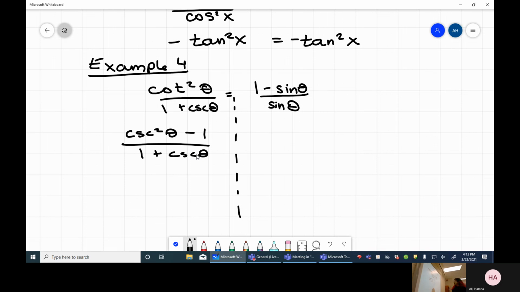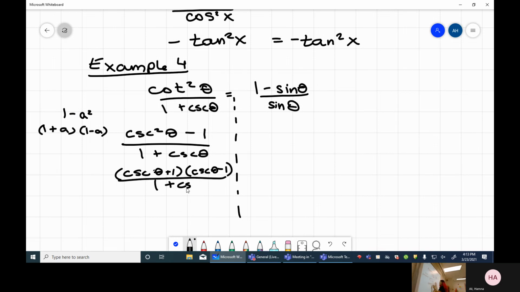Now we can factor, because this is a difference of squares situation: a squared minus 1 factors to a plus 1 times a minus 1. So here we have cosecant theta plus 1, times cosecant theta minus 1.